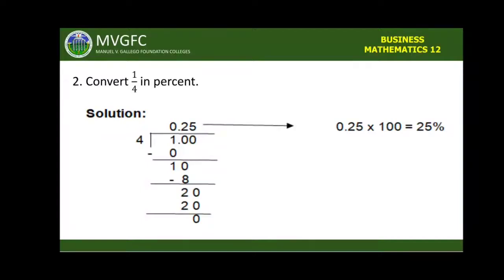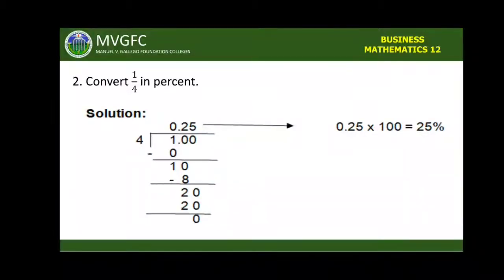So once again, we need to follow the process of dividing the numerator by the denominator, meaning the process of converting a fraction to decimal, then decimal to percent. That's why when you divide 1 by 4, we have here 25 hundredths, and 25 hundredths multiplied by 100 is simply equal to 25%.